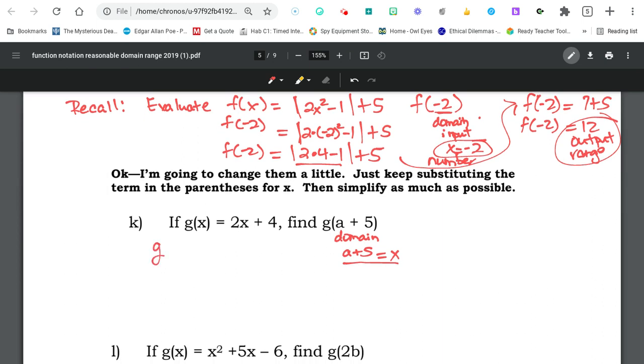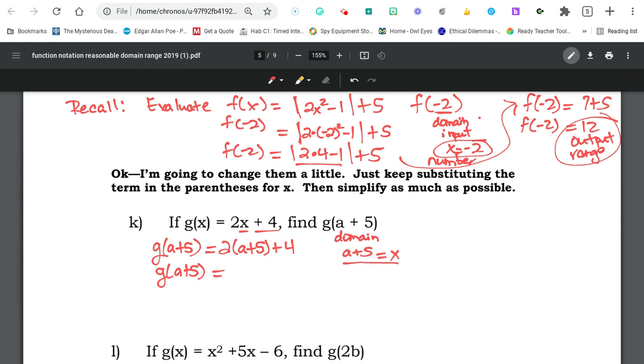So I'm going to change every x to a plus 5. 2 times a plus 5 instead of 2 times x, and then plus 4. And then I just simplify on the right side.